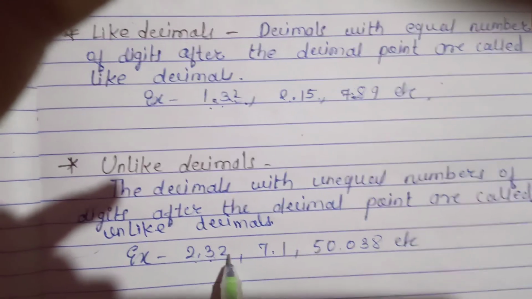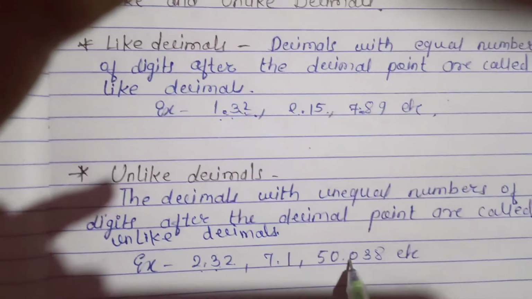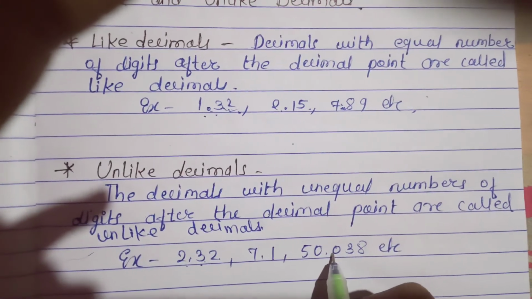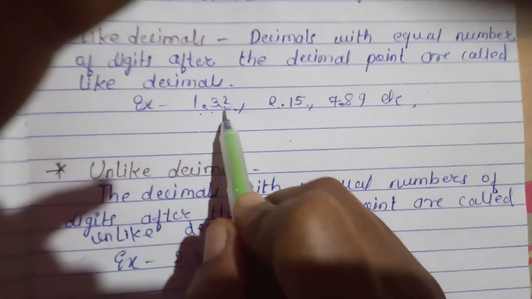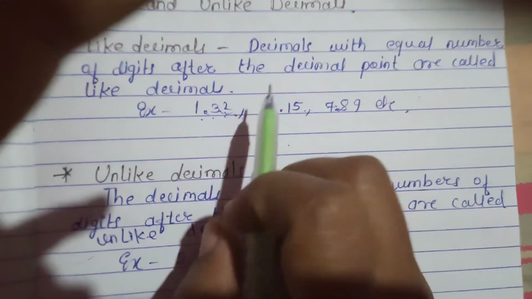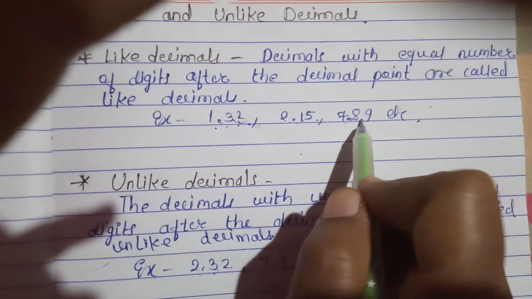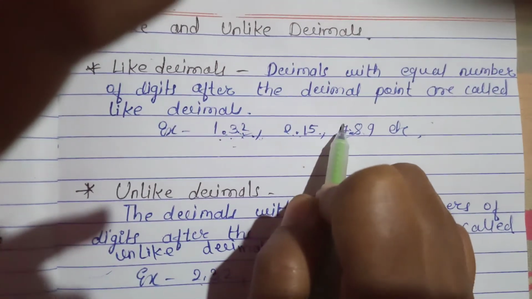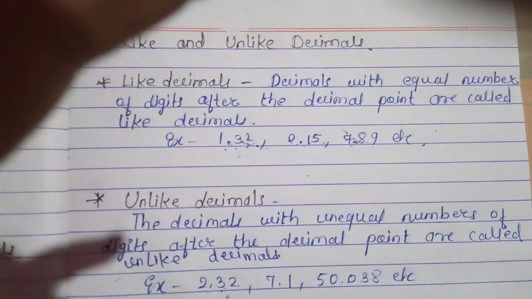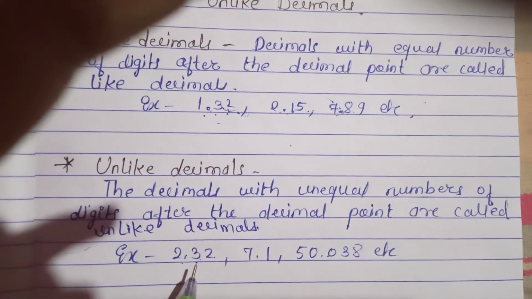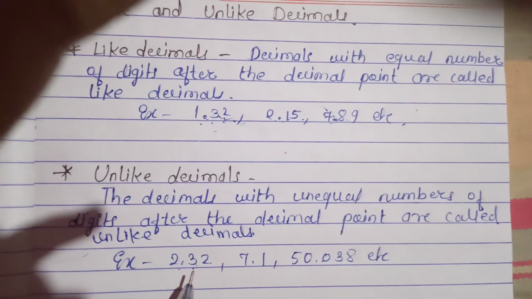Here 2 digits are there, here only 1 digit, but here 3 digits. So these are unlike decimals. But here in each decimal number, 2 digits are there. If the same number of digits are there in the decimal part, then it is called like decimals.